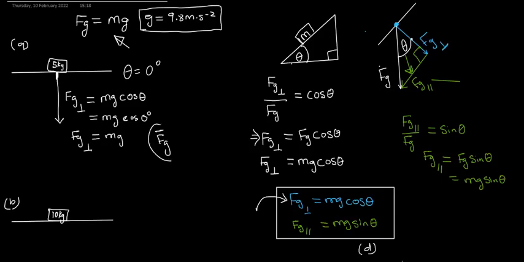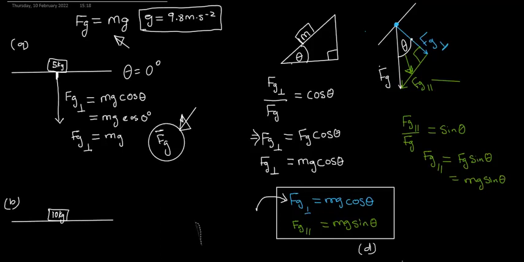And that's because the angle is 0. That's why most of the time on horizontal surfaces, you only see the force of gravity represented there, and we don't even have to break the force of gravity into components.